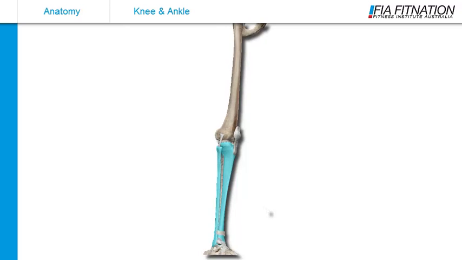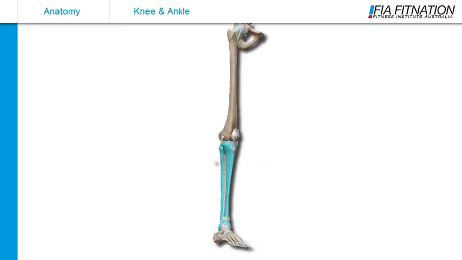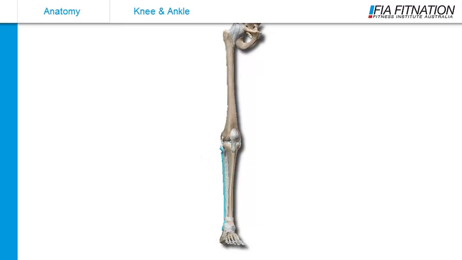The tibia will articulate distally with the talus, forming the ankle joint or the talocrural joint. So the talocrural joint inferiorly, superior to that, we do have an articulation between the tibia and the fibula, but we'll focus predominantly on the tibiofemoral joint, so the meeting of the tibia and the femur.